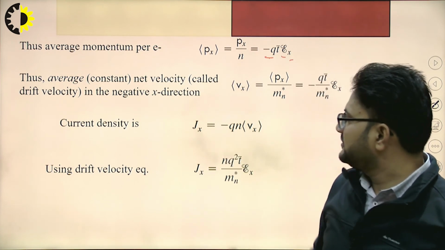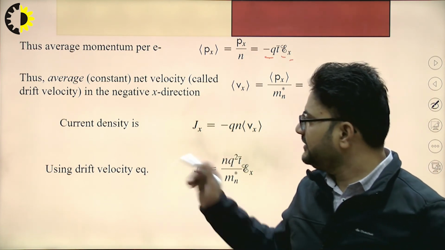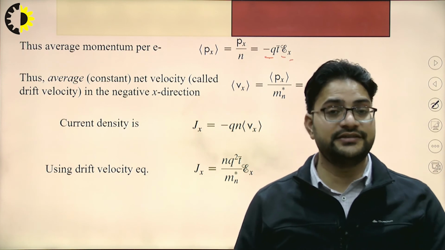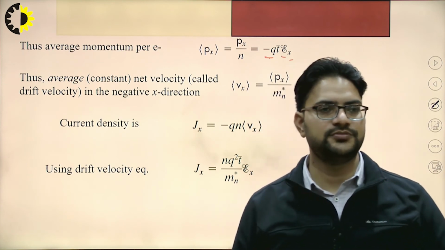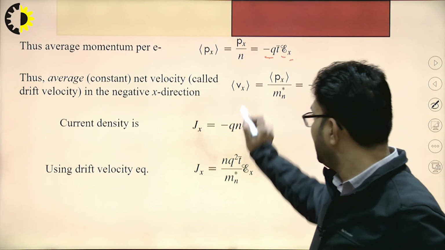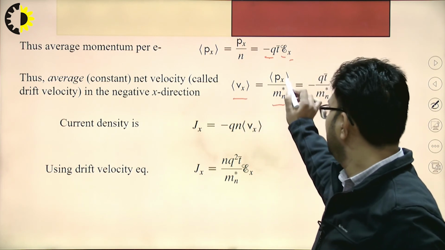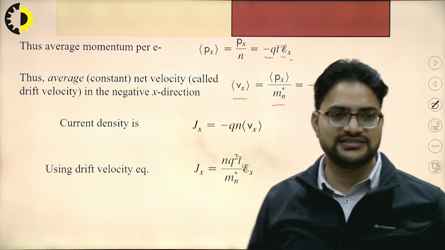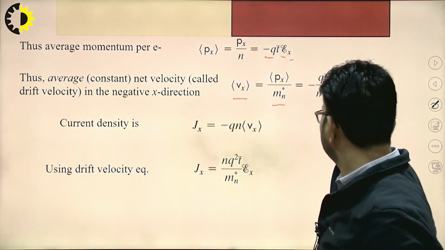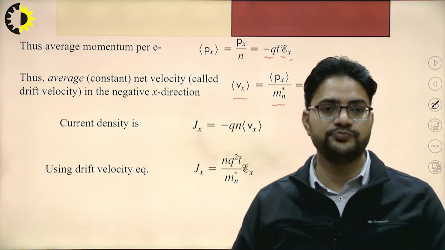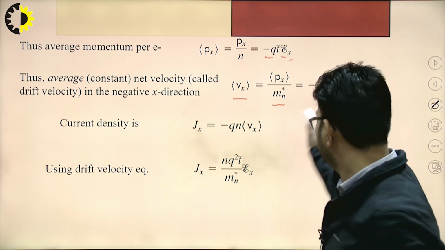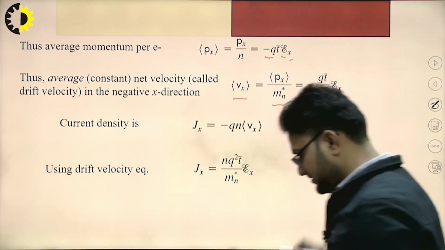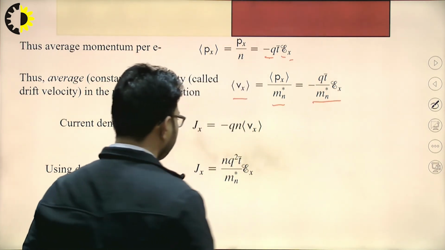The average net velocity, also called the drift velocity of the electron in the negative x direction, is given by px divided by mn asterisk, which is equal to minus q into t upon mn asterisk into E, right? Which is given by this equation, right?